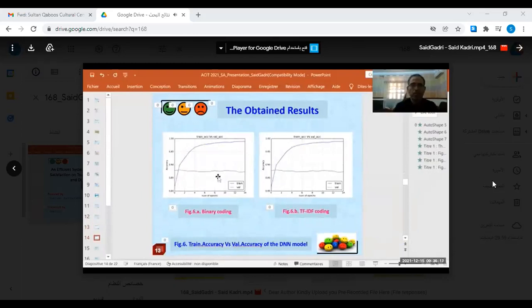The same here, we can see the evolution of the accuracy of our model for the binary coding model and the TF-IDF coding model, and we can see that accuracy begins very low and ends very high for the two models. But we can see some improvement for the TF-IDF coding model. The accuracy is very high if we compare it with the binary coding model. But these are good and the best results compared with the machine learning algorithms.